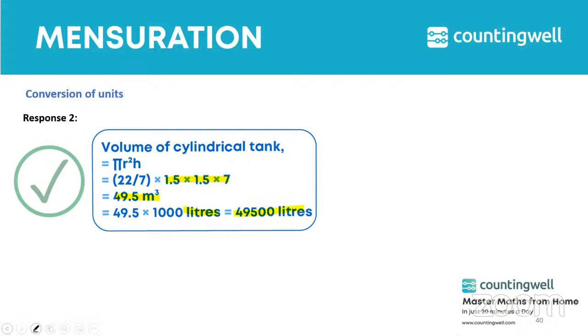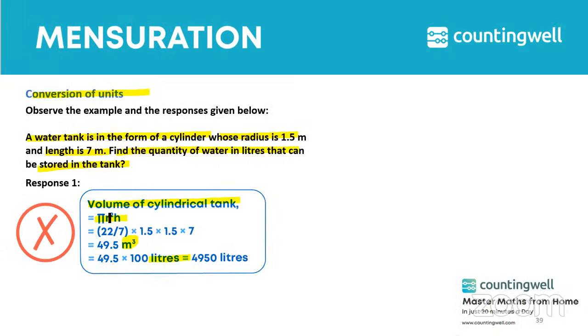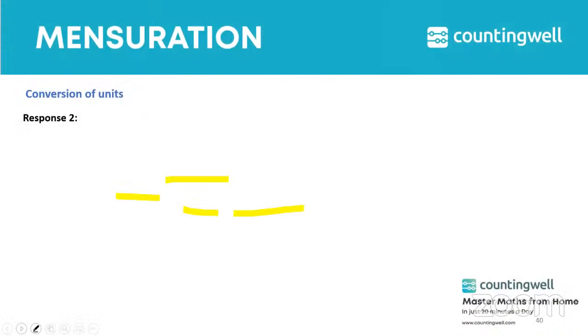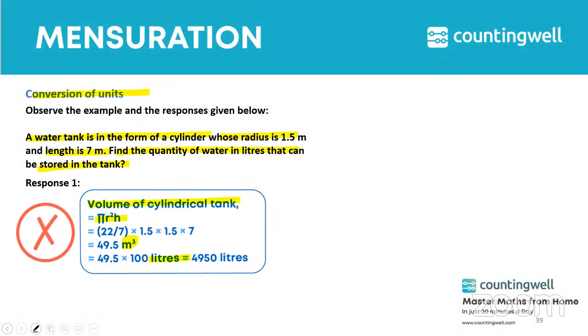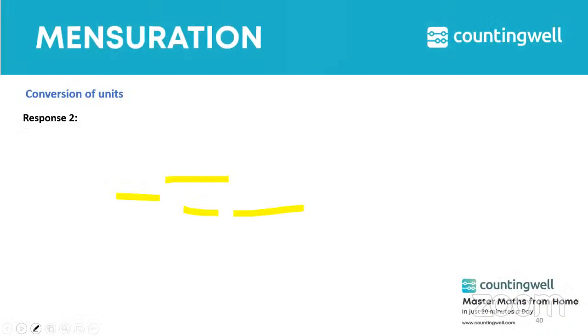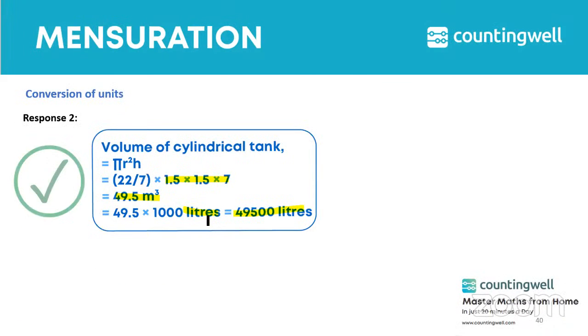So what is the difference between these two answers? Here we have pi r square h, 49.5 meter cube. So here the meter cube conversion, how is it taken? 1 meter cube is taken as 100 liters, whereas in the second response it is taken as 1000 liters.